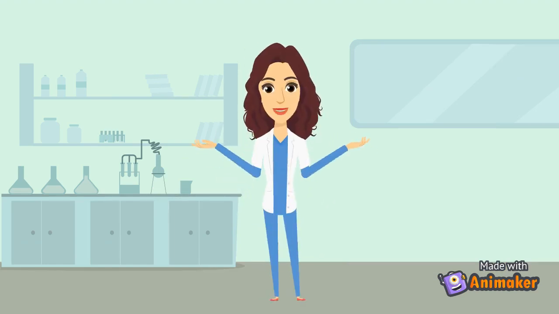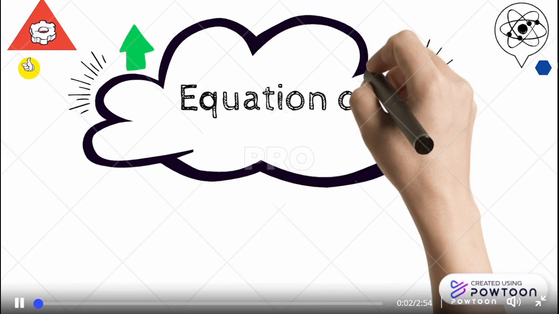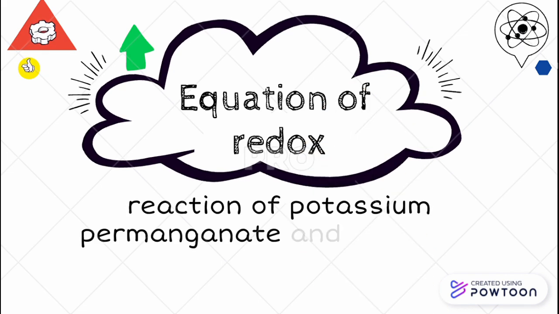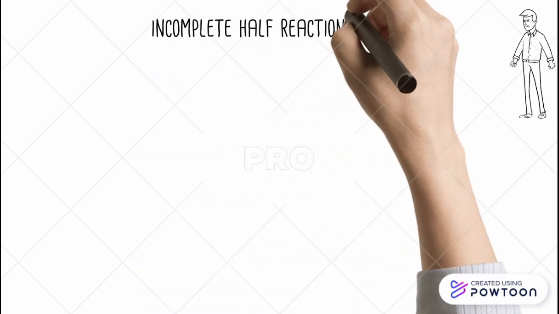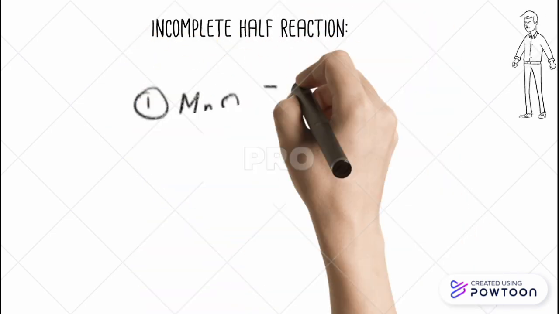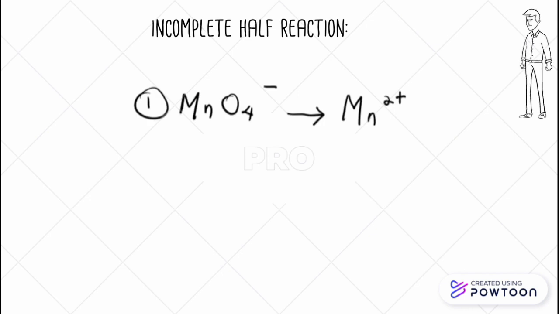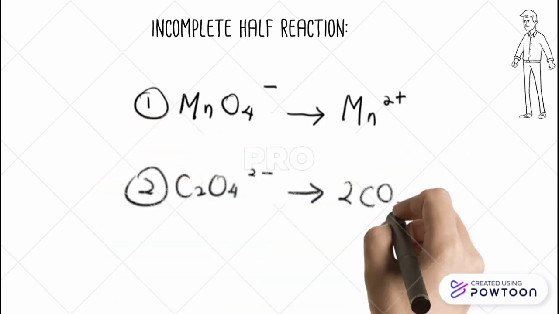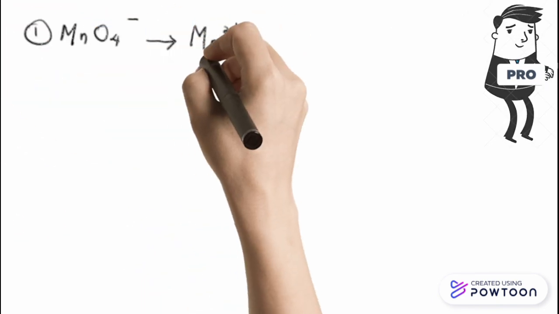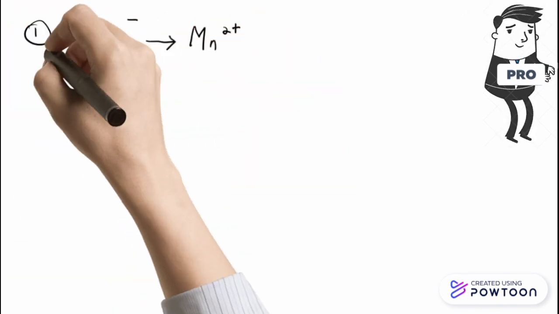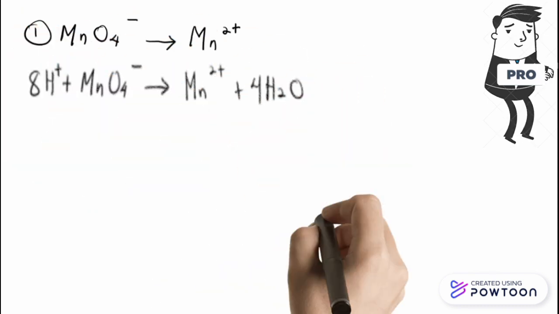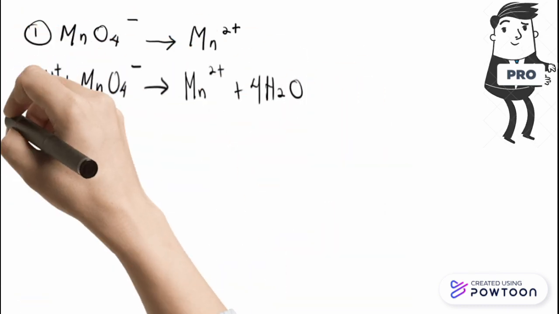Now let's proceed to the calculation. Let us continue with the redox equation for the reaction of potassium permanganate and disodium oxalate. The incomplete half reactions of this redox equation are firstly MnO4⁻ produces Mn²⁺, and C2O4²⁻ produces 2CO2. For the first equation, we have to add 4 water on the right side to balance O. Then we add 8H⁺ to balance H produced from water.